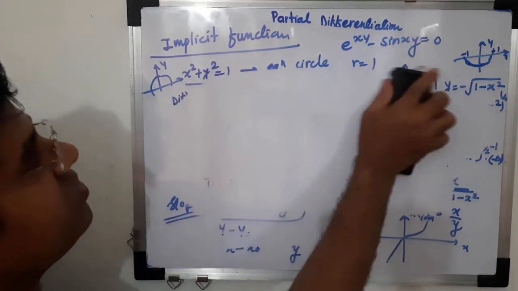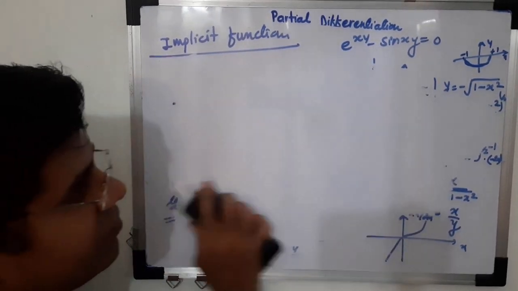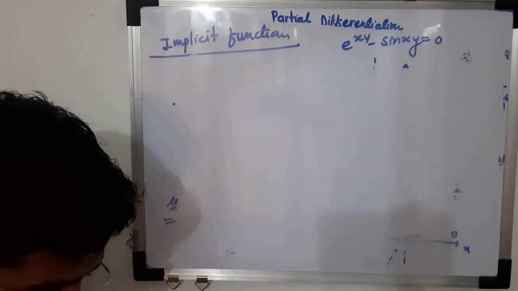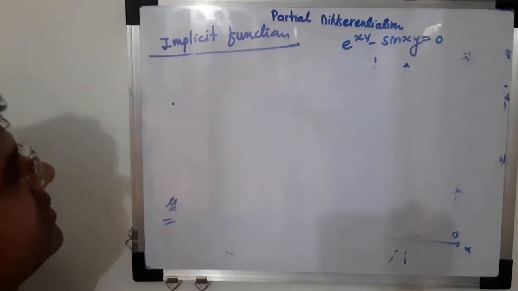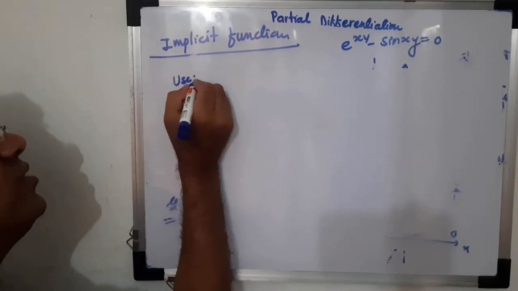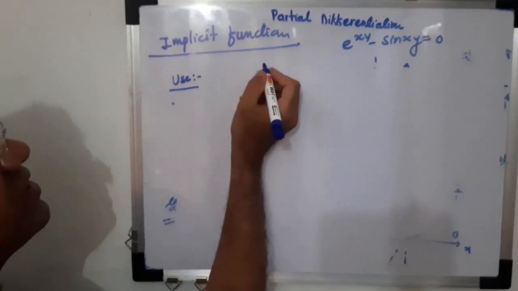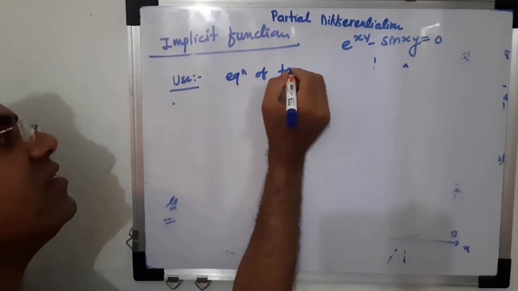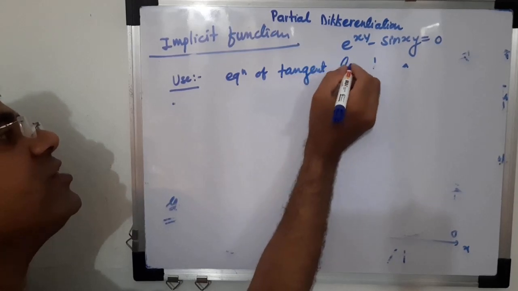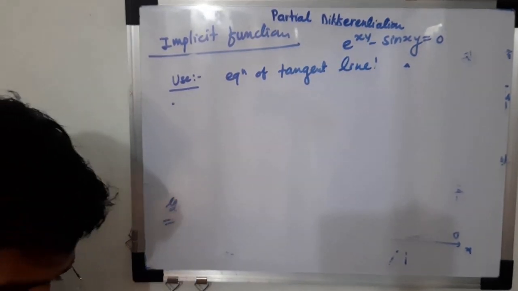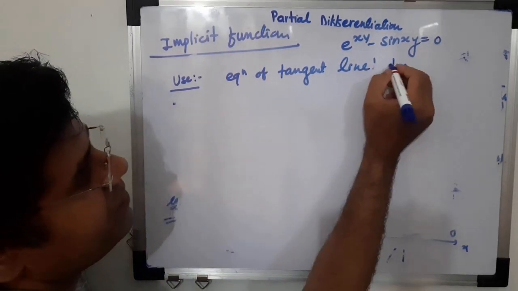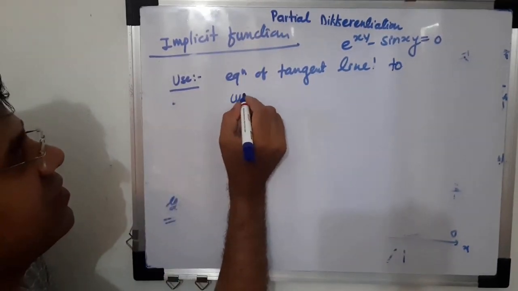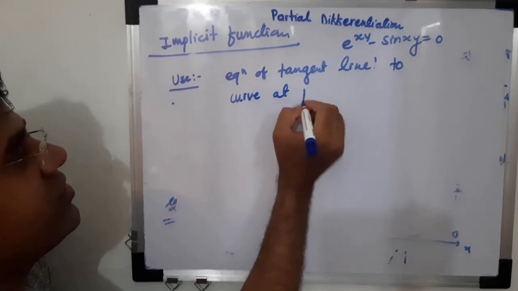So what is the use of implicit function? The implicit function is useful to find the equation of a tangent line to the curve at a point.